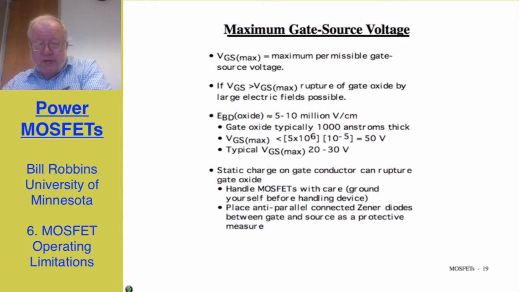Typically in a power MOSFET, the gate oxide is 1,000 angstroms thick, sometimes somewhat thinner. So if we take 5 million volts per centimeter times 1,000 angstroms, which is 10 to the minus 5 centimeters, we get a maximum gate voltage of 50 volts. Well, no manufacturer is going to give you the full 50 volt rating. He's going to be very conservative and say the maximum voltage might be 20 to 30 volts.